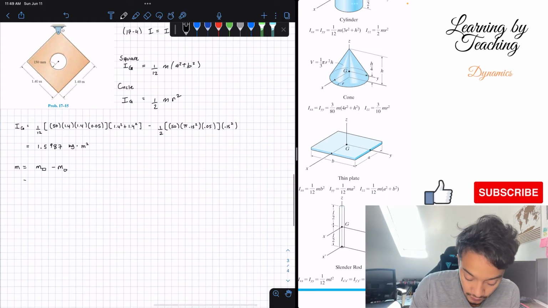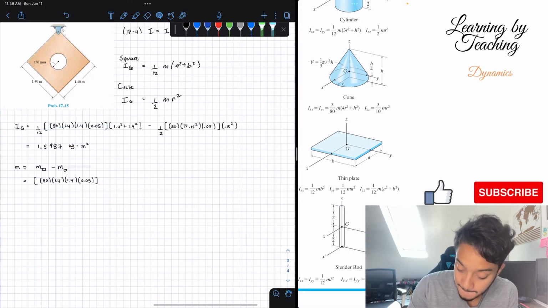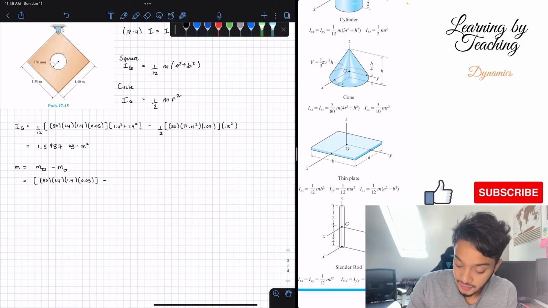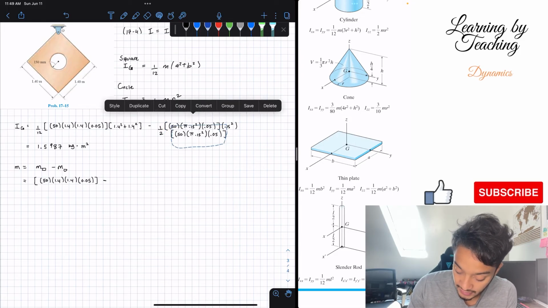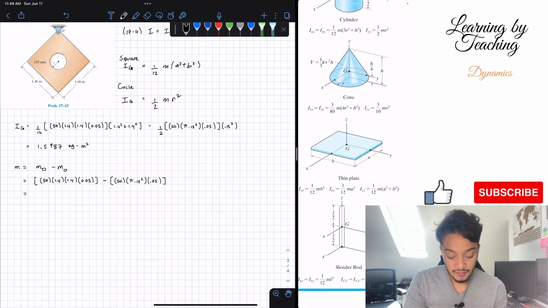So what do we have? Well, the mass of the square, we did it in here, so I'm going to copy all of that. That's the mass of the square minus the mass of the circle, which again we did over here. So I'm going to copy this, guys, and let's see what we get when we put this into the calculator.